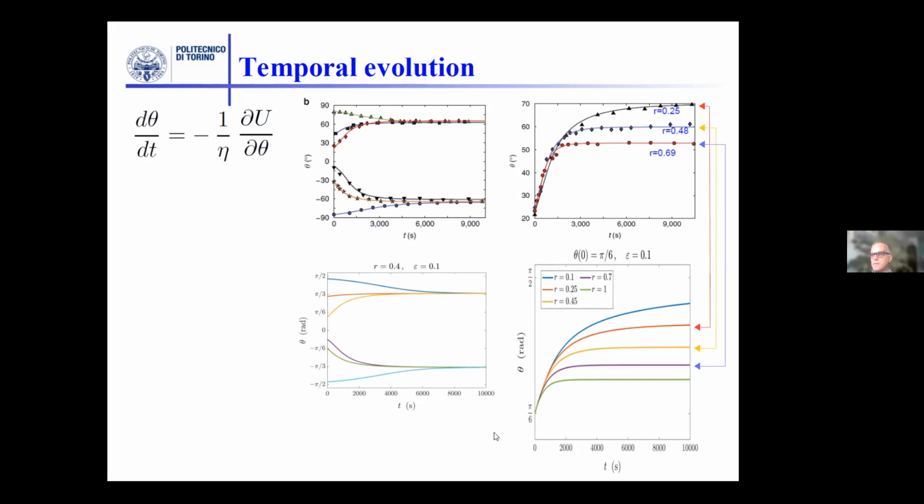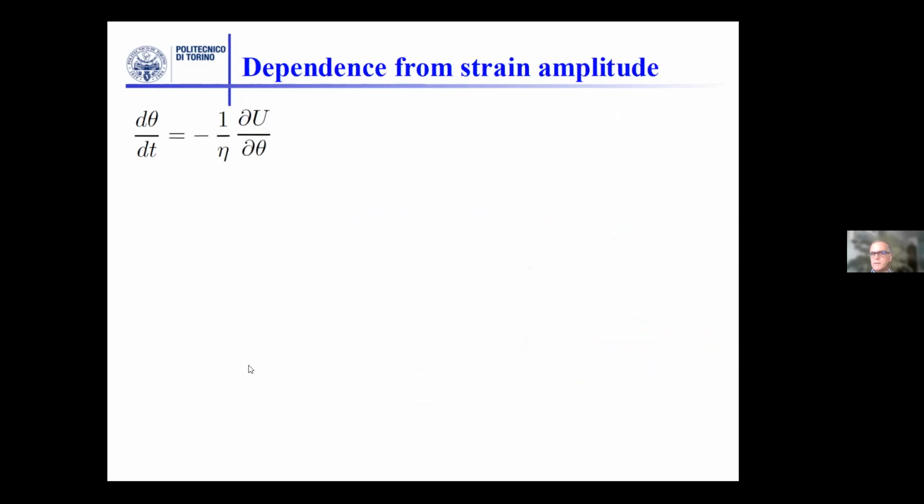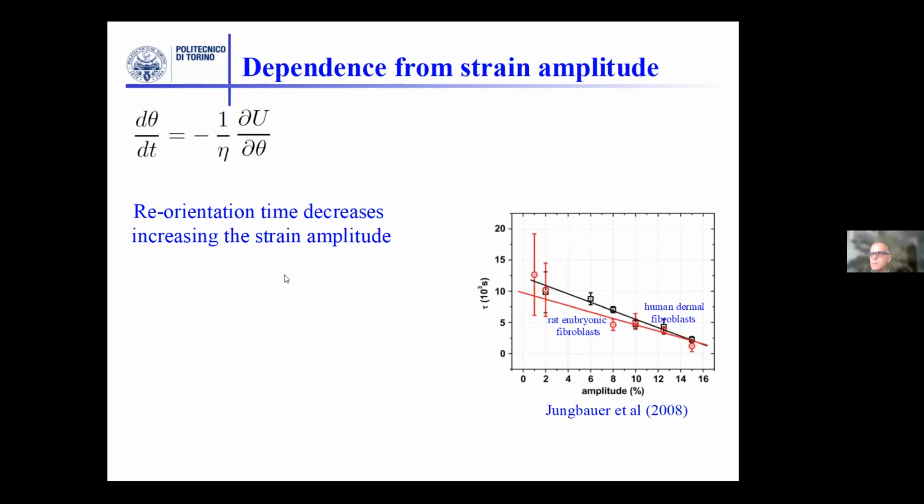And now the next step is to try to understand the robustness of this result with respect to the different features of the experiment. The first one I already discussed a bit, dependence on the strain amplitude. I told you that the equilibrium does not depend on the strain amplitude as long as it is large enough, but the timing to reach the equilibrium does, in the sense that the stronger you pull periodically your substratum, the faster you get to the equilibrium.